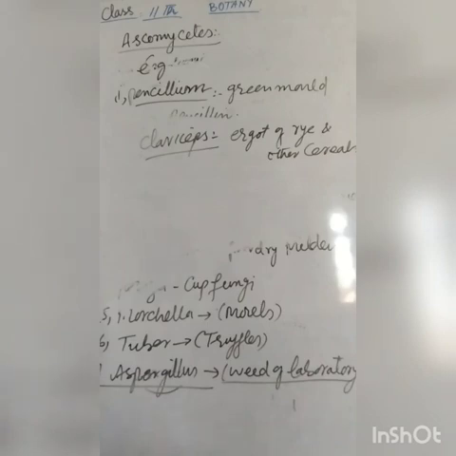There is one common genus, Saccharomyces. It is used in the baking industry, in the brewing industry, and in making bread, and it is commonly called bread mold. Its genus is called Saccharomyces. So yeasts are unicellular fungi and they belong to the group Ascomycetes.